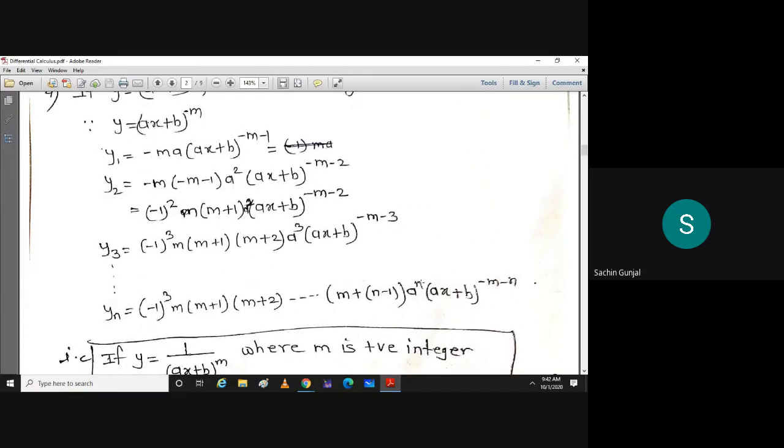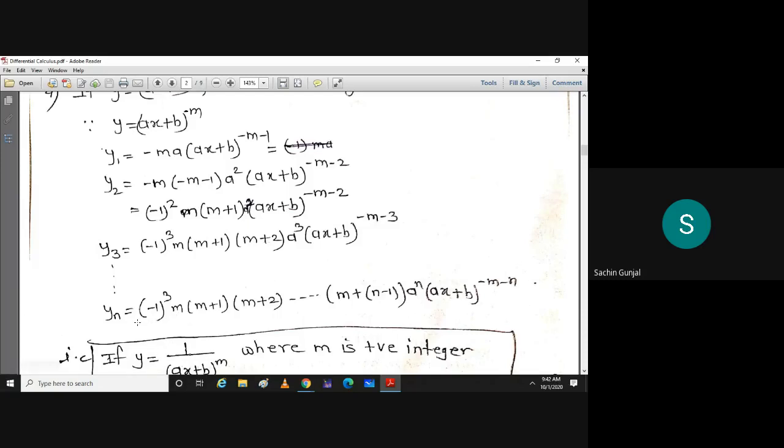So what will be yn? This is minus 1 raised to n. By mistake, I wrote 3. This is minus 1 raised to n, please make a note of it. This is minus 1 cube, so minus 1 raised to n. Then m into m plus 1, m plus 2, and so on, up to m plus n minus 1. You can observe that whenever there is 3 here, this is m plus 2.